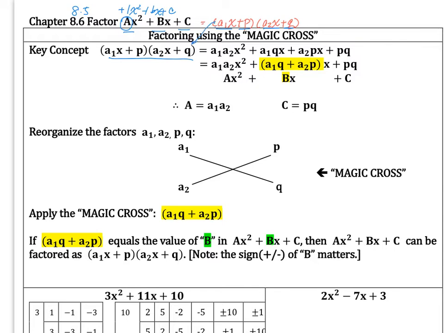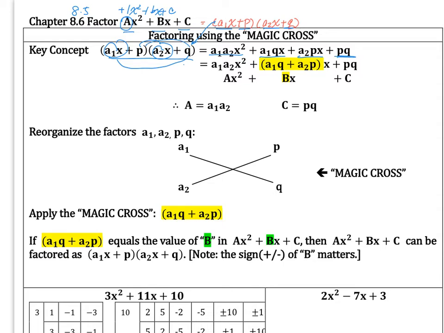After I expand this using the FOIL method, a1x times a2x, I get a1 a2 x squared, and a1x times q, which makes a1qx, and in the inner a2px, and in the outer p times q.